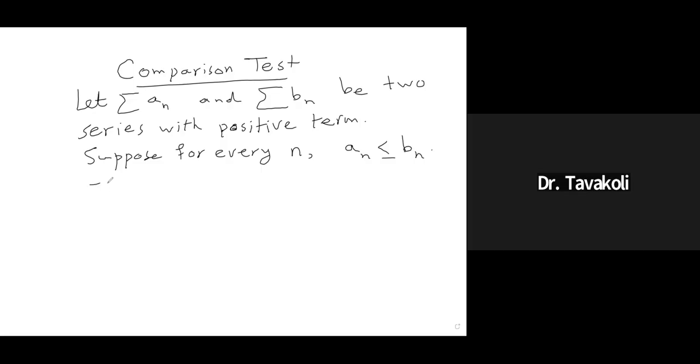Now, if we know that sigma bn, the series with larger terms, is convergent, then sigma an is also convergent.